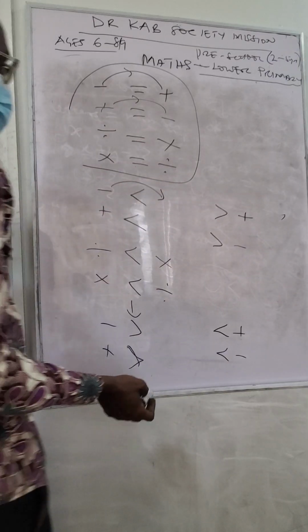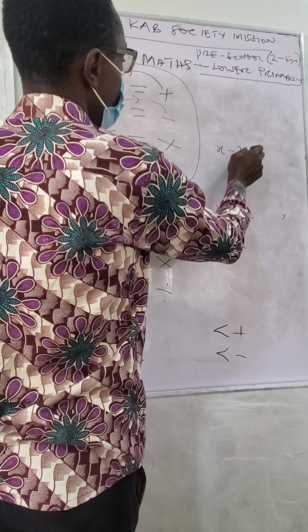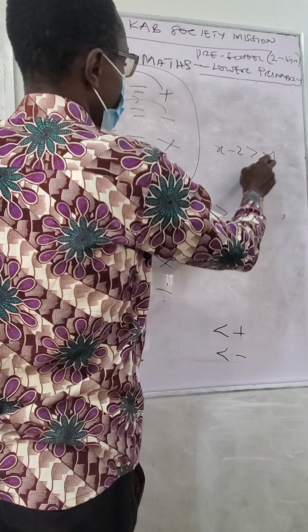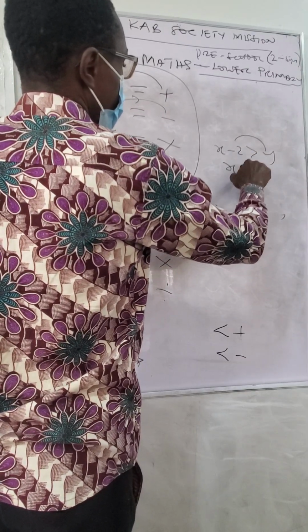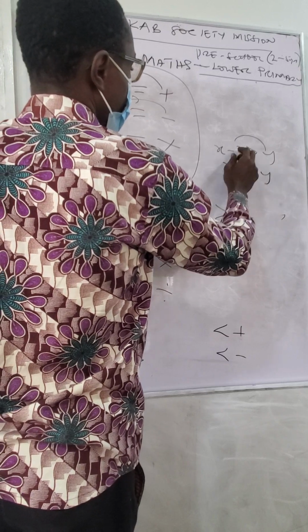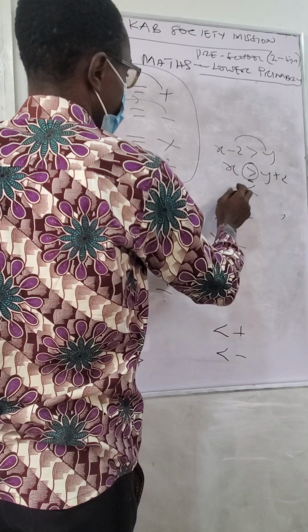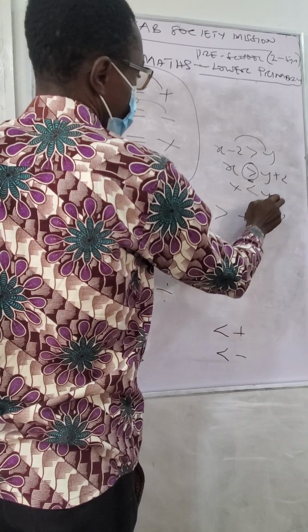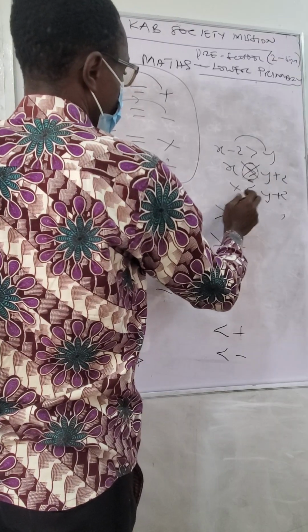Right. So let's say I have x minus 2 greater than y, then it becomes x. I'm sending this one across. It becomes, we'll calculate y. This is minus 2 becomes plus 2. But remember, this sign has changed. Okay, so this will go. And this is what we are seeing.